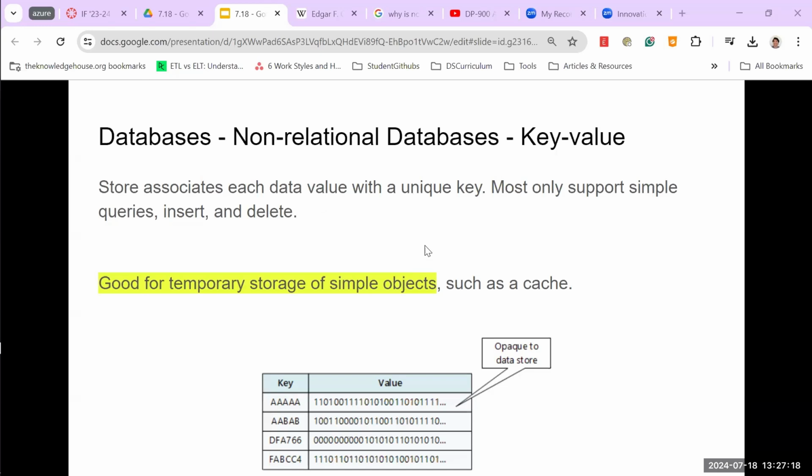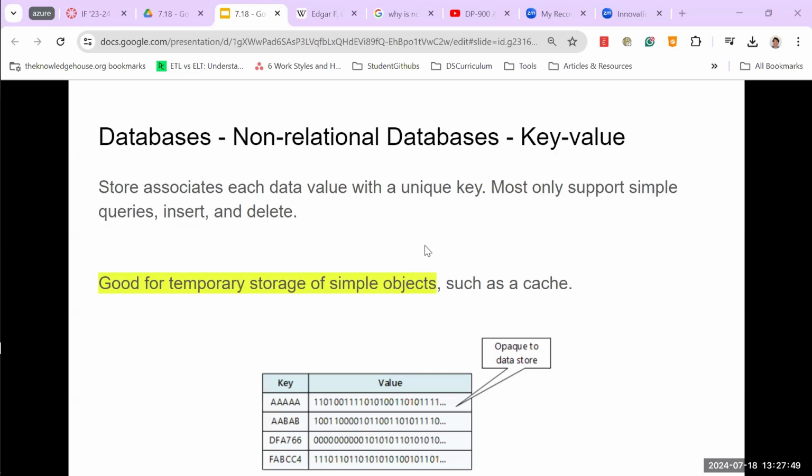But anyways, let's dive into some types of non-relational databases, starting with key value stores. Essentially, a key value store is very similar to a relational database, except instead of keeping track of the relationships between tables and tracking multiple columns and different entities and events, we simply store two things: a key and a value.